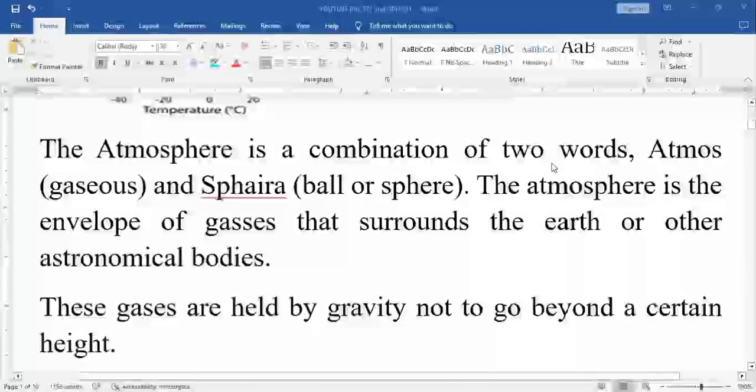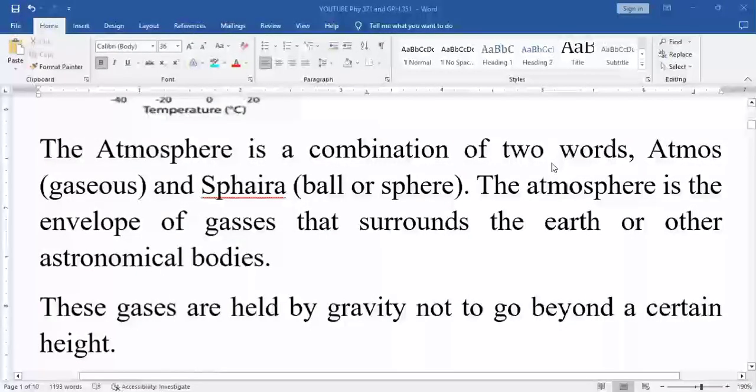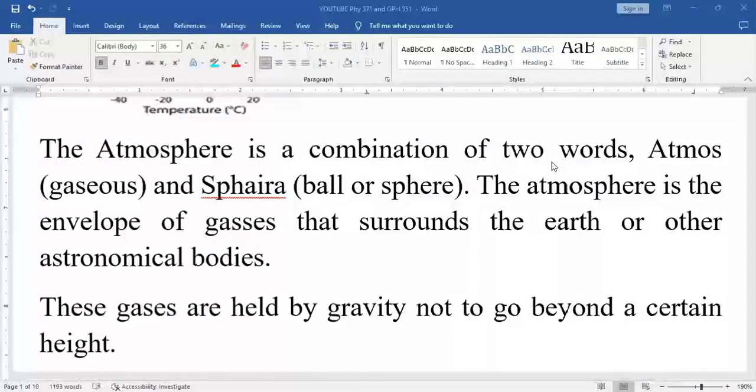The word atmosphere is a combination of two Greek words, atmos, meaning gaseous, and sphera, meaning ball or sphere. So when we combine the Greek words, we have the atmosphere, which in English means gaseous ball or gaseous sphere.